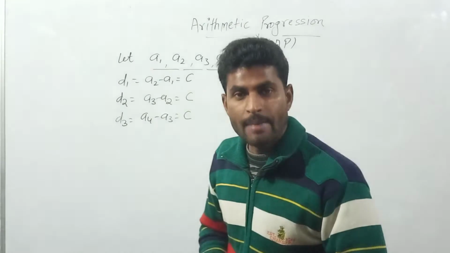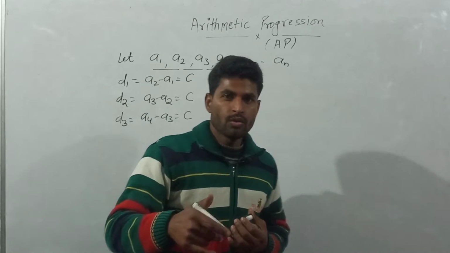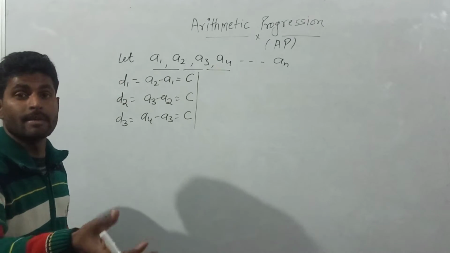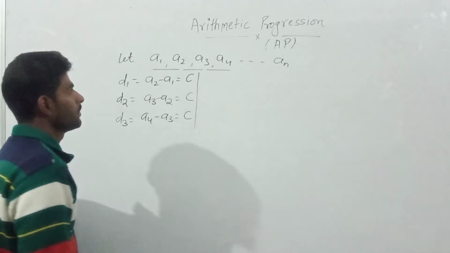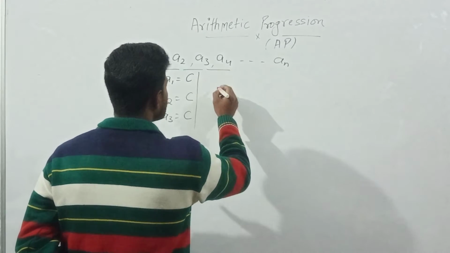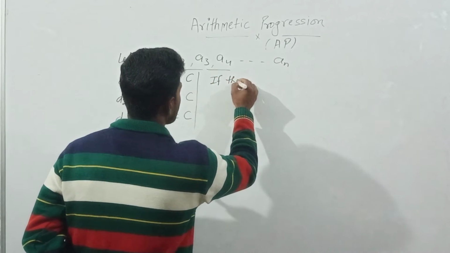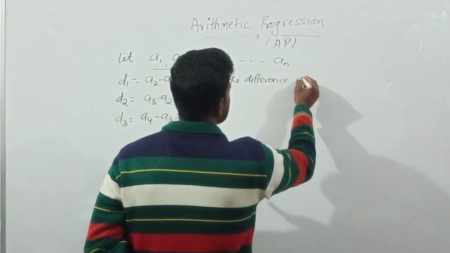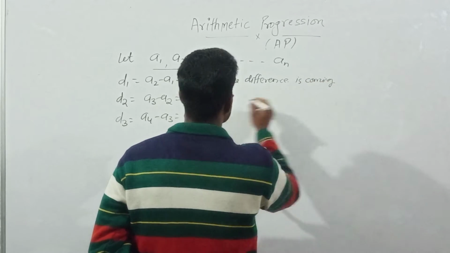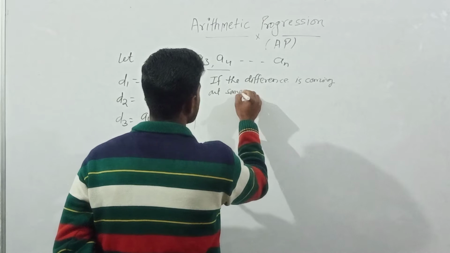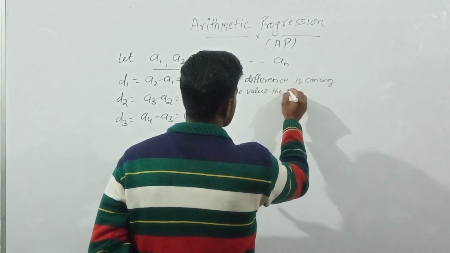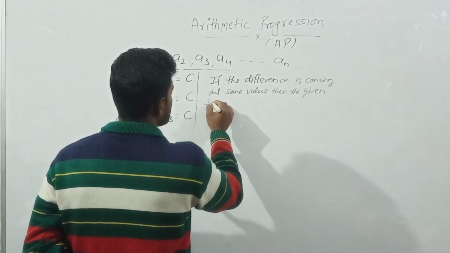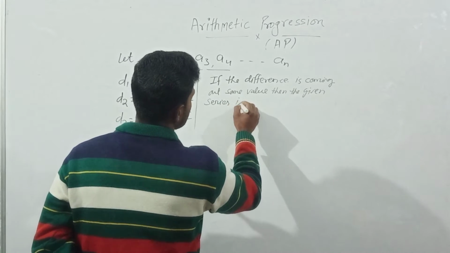For more clarity, I am going to take some examples so you can understand better. Before the example, I am writing the concept in a statement, so you can also write it in your notebook. So the statement is that if the difference is coming out the same value, then the given series is AP.